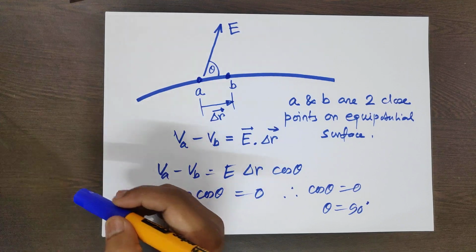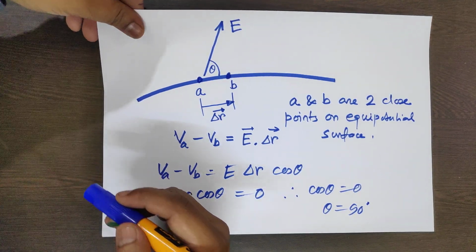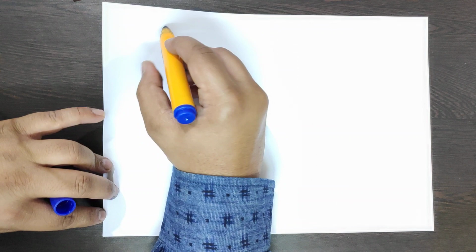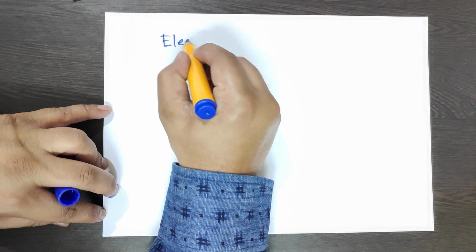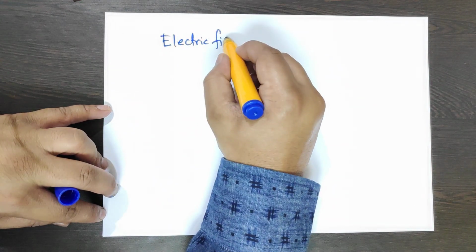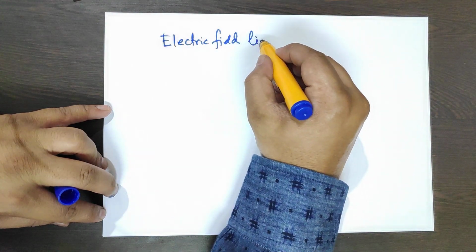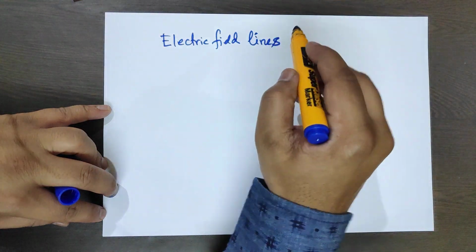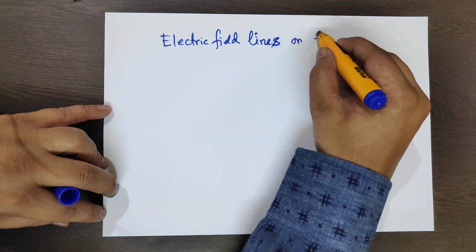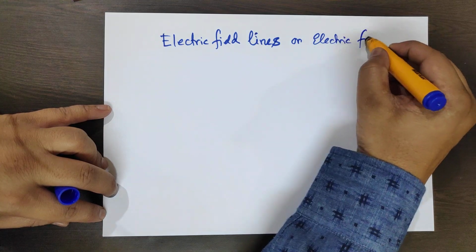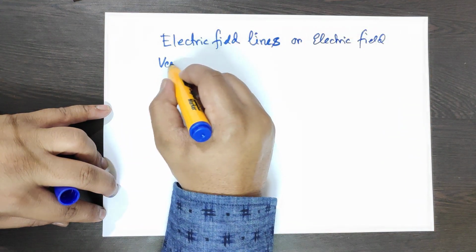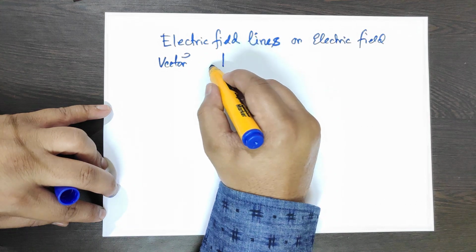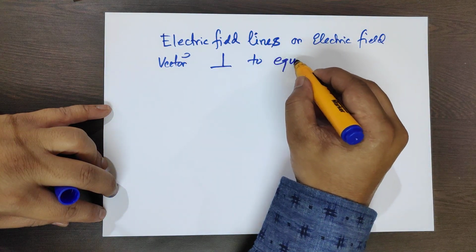So therefore the electric field vector is always perpendicular to the equipotential surface. We can conclude that. Electric field lines, we will discuss that in a later video. That means the electric field lines or the electric field vector are perpendicular to the equipotential surface.